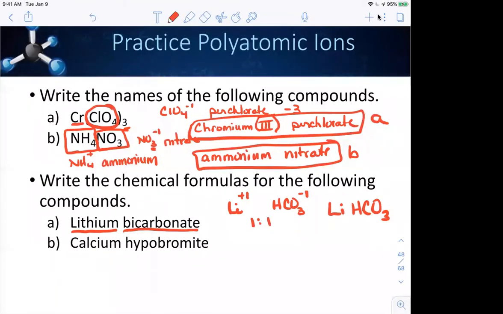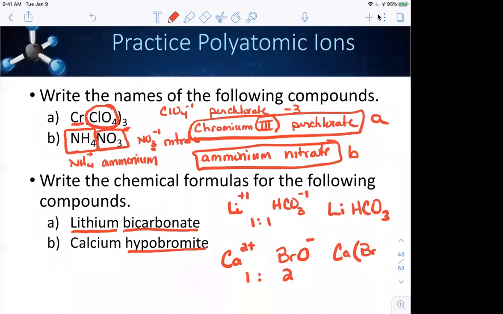Calcium is going to be calcium 2+, because it's in group 2A. Hypobromite, that's going to be BrO-. So I'm going to need 1 of these and 2 of those.